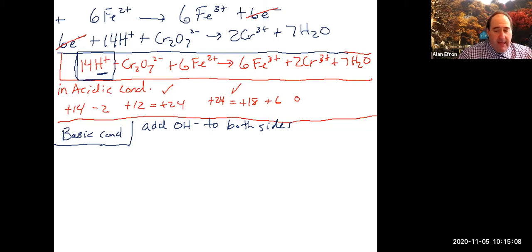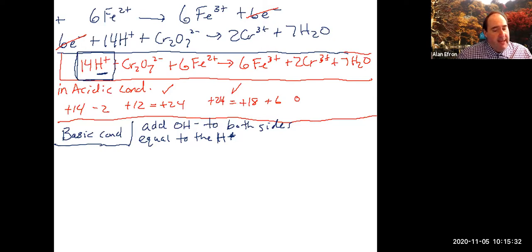And you may be asking, how do I know how much OH- I should add? You should add an equal amount to the H+ that's there. So again, once you balance it in acidic conditions, on the left-hand side or right-hand side of the reaction, somewhere there will be some H+, like we see in the one we just did.